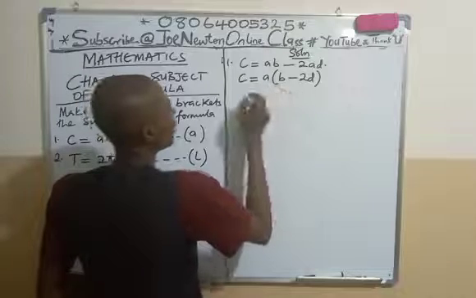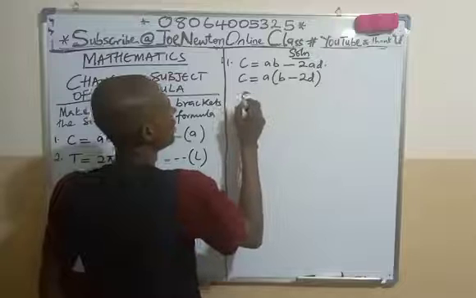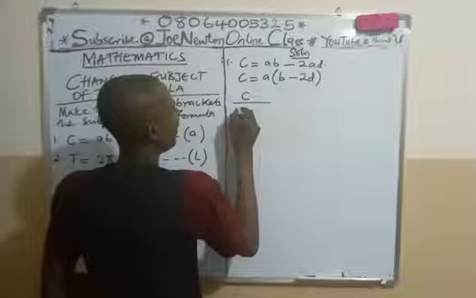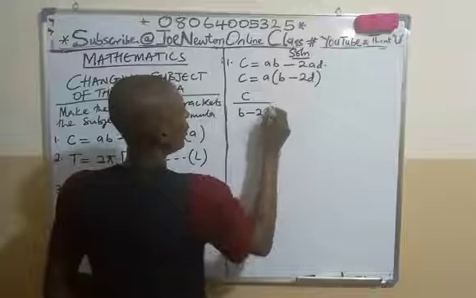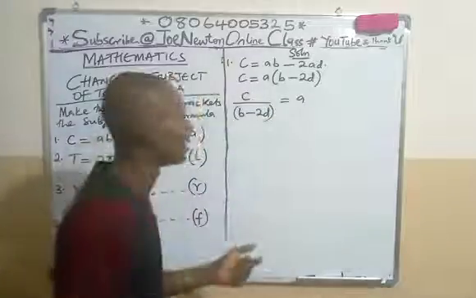We now have that, when we arrange this, C divided by B minus 2D is equals to A. Because we have made A the subject of the formula.